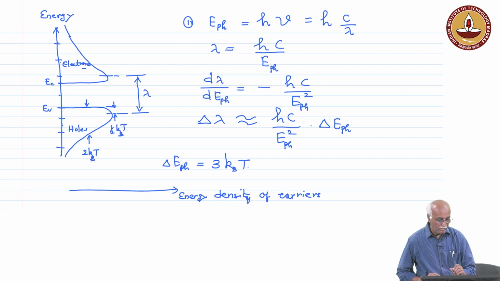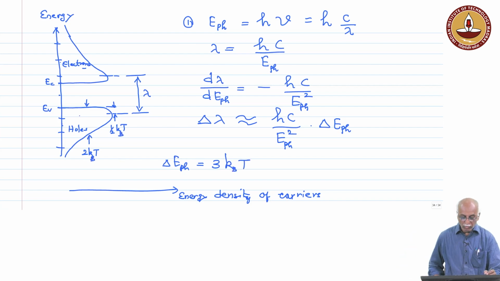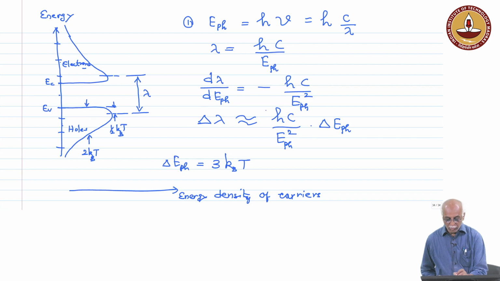Approximately this is 2 k_B T. This lambda corresponds to E_ph, and E_ph is slightly wider because the electrons are distributed like this.